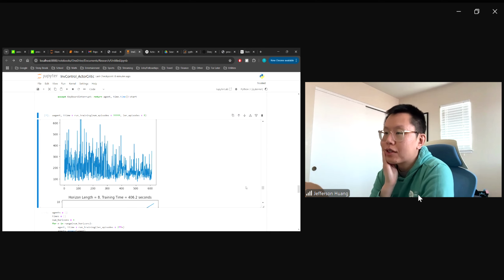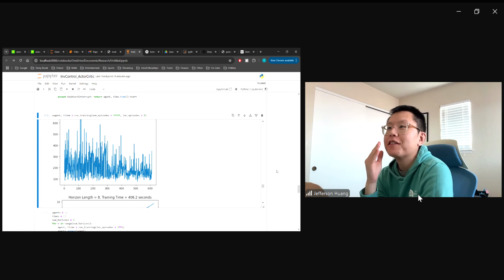Yeah, as far as learning rate schedules, I don't really have much to offer, in the sense that for the problems I've applied it to, they were simple enough that a fixed learning rate was sufficient for it to actually recover the optimal policy.